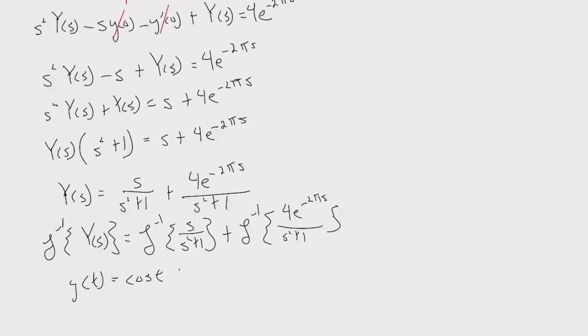The other one, we can bring the 4 out, and that's a form of sine. But with the e to the negative 2 pi s, we're actually dealing with a translation, and we're using that same definition from last lesson on unit step. So 4 sine of t minus 2 pi, and then the unit step of t minus 2 pi.